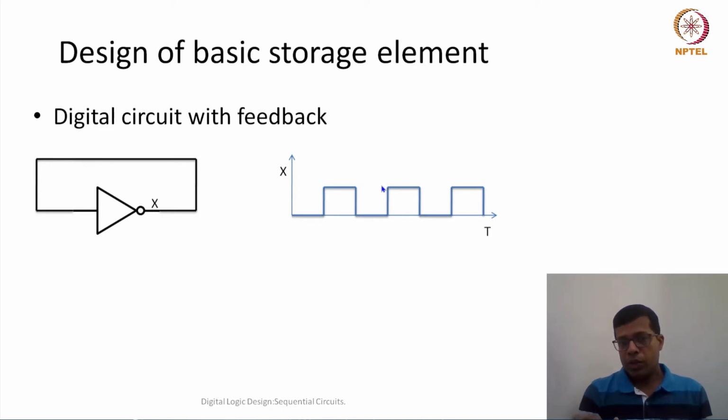Here also you are able to guess correctly that the time period would be equal to the delay of the inverter. Since the inverter is a very basic fundamental unit and it is used in so many different designs, this delta T in current technologies would be very small, infinitely small.